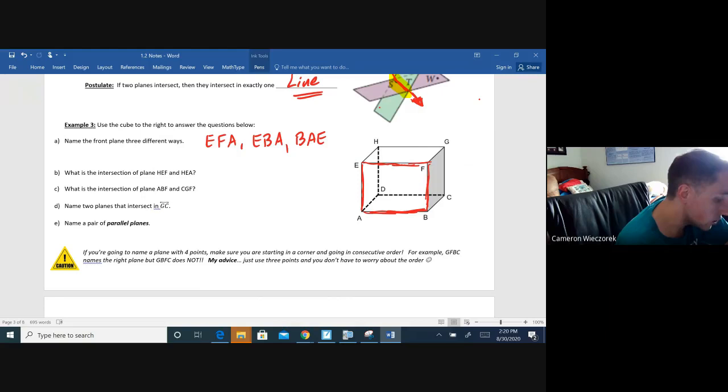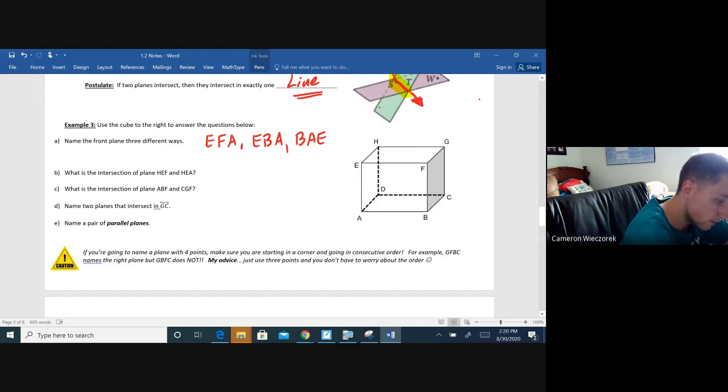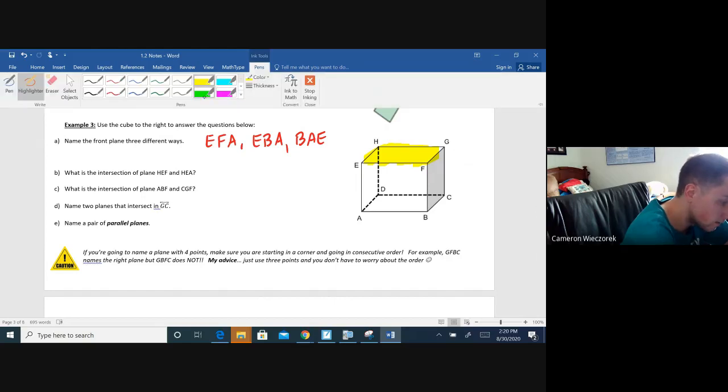What is the intersection? So now we're looking at where they meet up. What is the intersection of plane HEF and HEA? So let's label what that would be. HEF would be the one on the top. So maybe I'll actually highlight it. So here's HEF. And then HEA is going to be the one on the left-hand side.